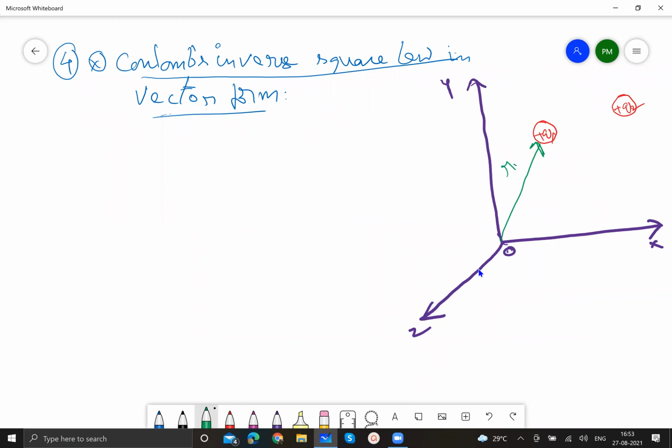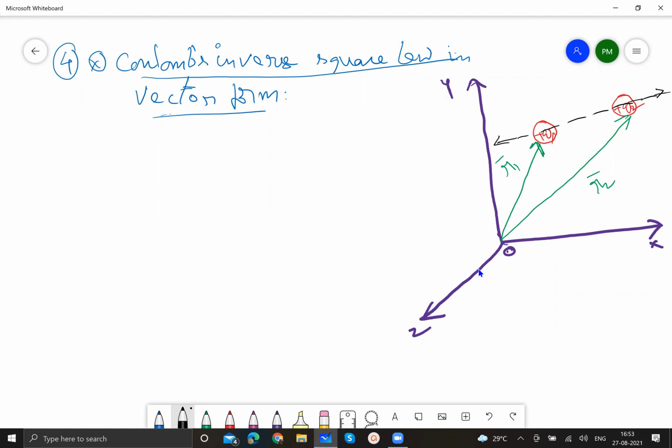The position vector of q1 is r1 bar, and the position vector of q2 is r2 bar, and the force between them will be acting along the line joining these two charged bodies.